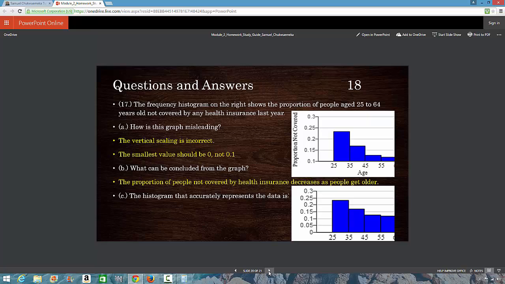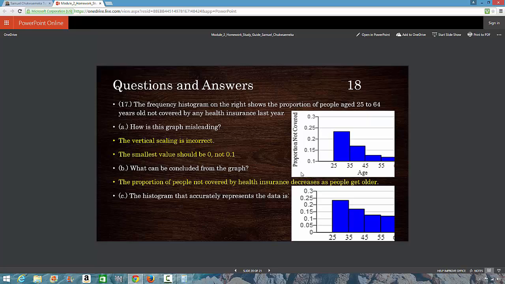Question 17. The frequency histogram on the right shows the proportion of people aged 25 to 64 years old not covered by any health insurance last year. How is this graph misleading? When we look at this graph, the axis shows 0.1, 0.15, 0.2, 0.25, 0.3.